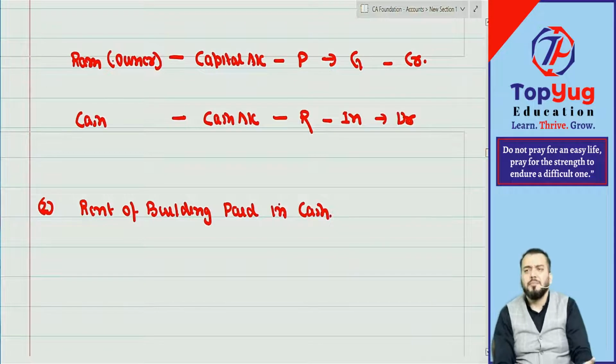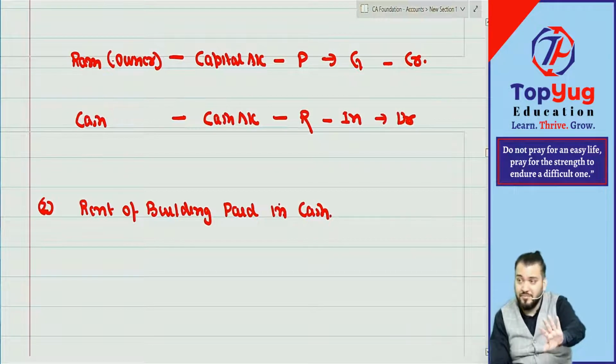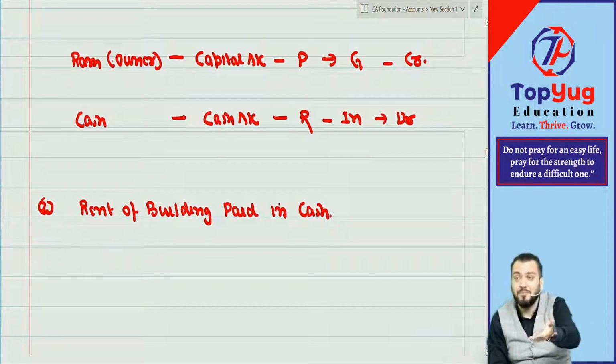Okay? It means we have taken one building for use, and for building use we have paid rent, and the amount was paid in cash.